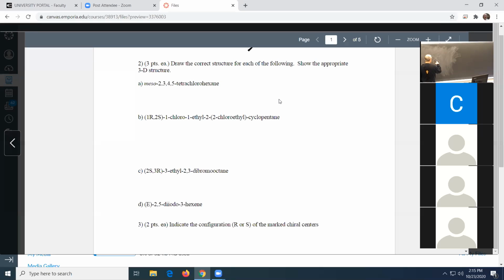So this is position 1, this is position 2. This is an ethyl, and then we count from the point of attachment, so this is 2-chloroethyl. And there's a hydrogen here that's implied. And we want this to be 1R, 2S.